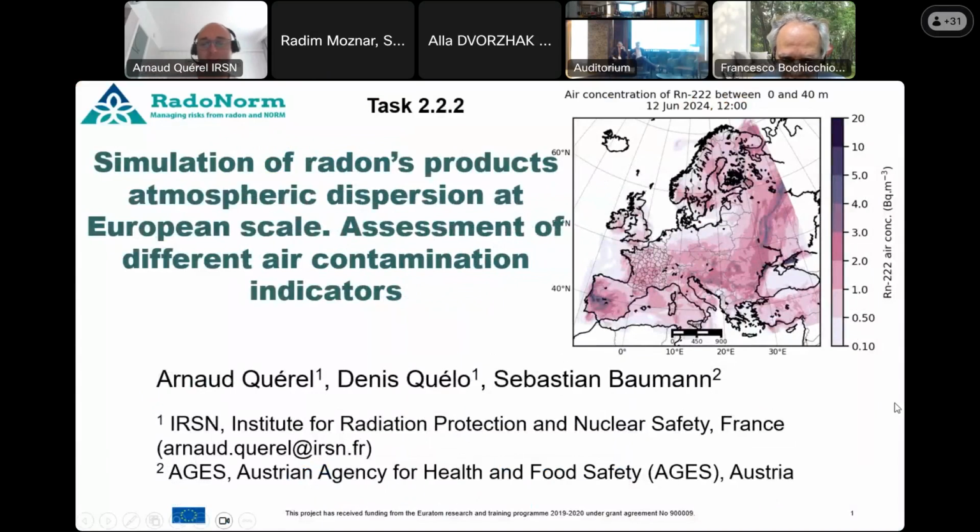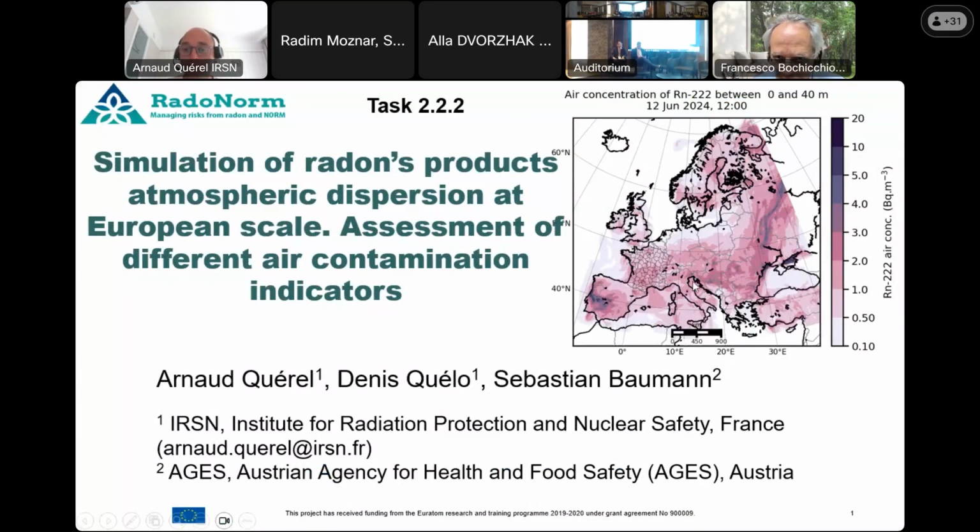Okay. So this presentation is about outdoor radon. Our goal is to model the outdoor radon air concentration across Europe. You can see on this figure a map of the modeled radon air concentration today at noon all across Europe.